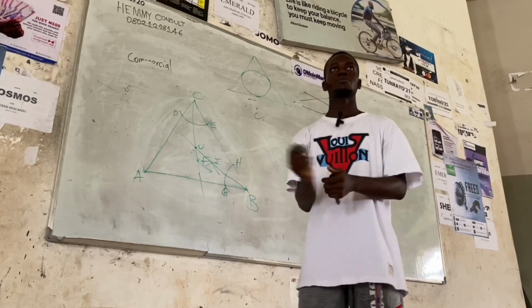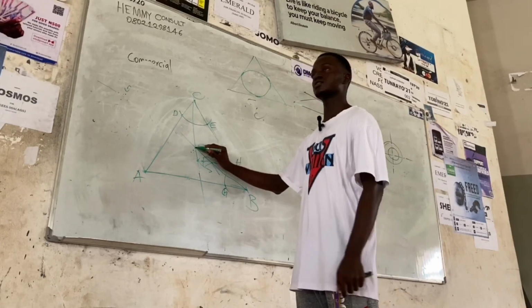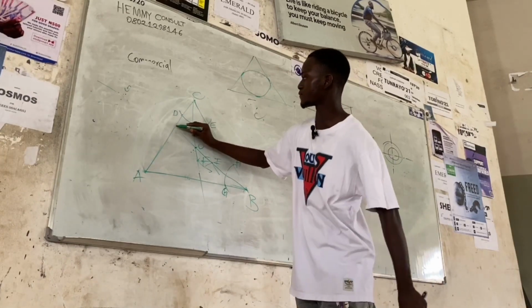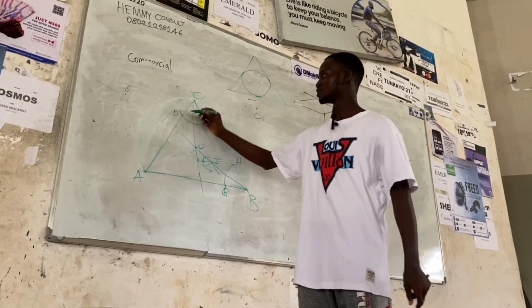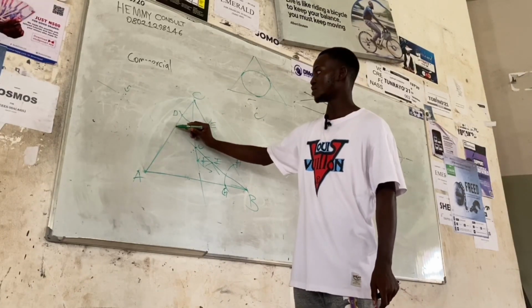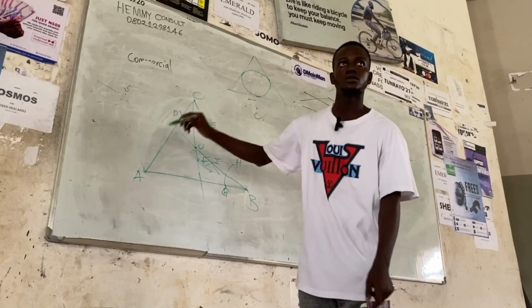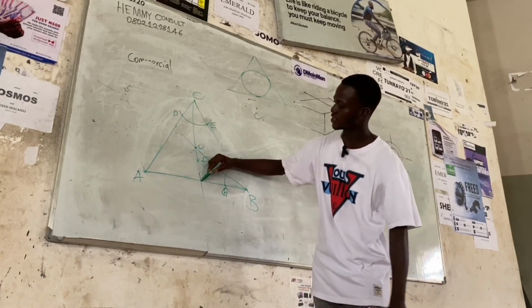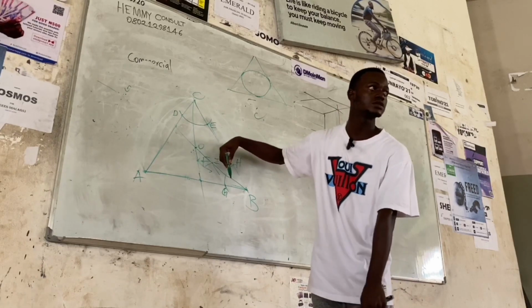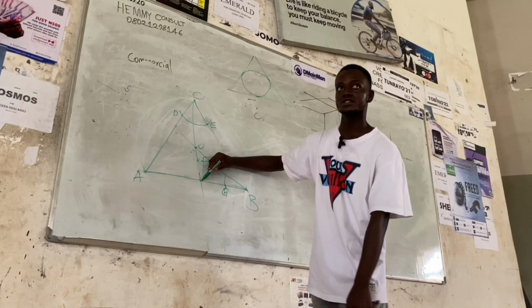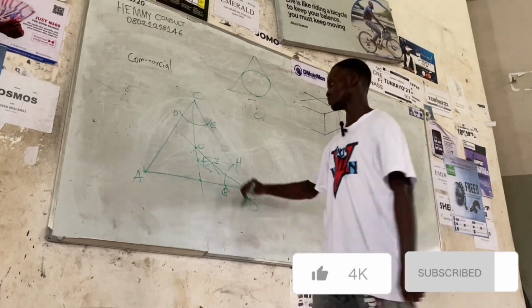Then with our compass we extend the pencil lead to the point at which this line intersects line AC, or better still, the point at which this line intersects line AB. Then the moment you extend it, you draw your circle.